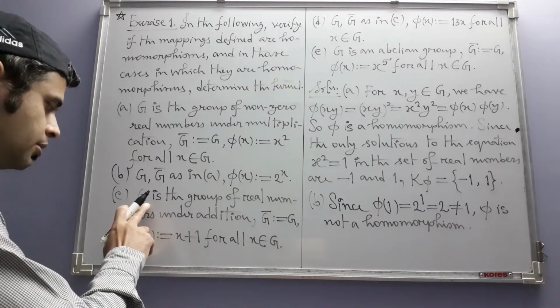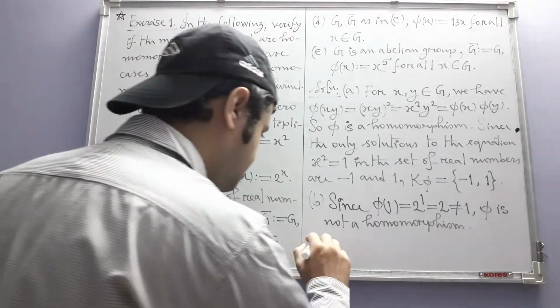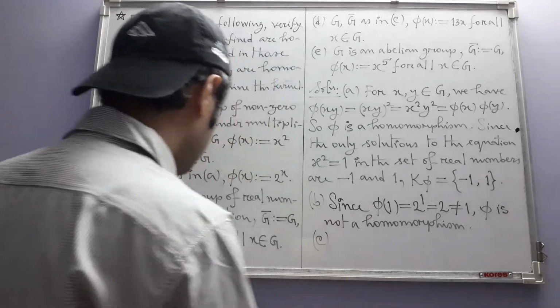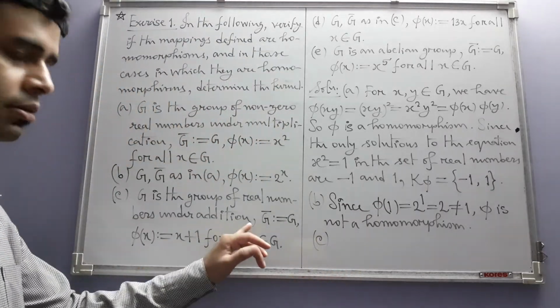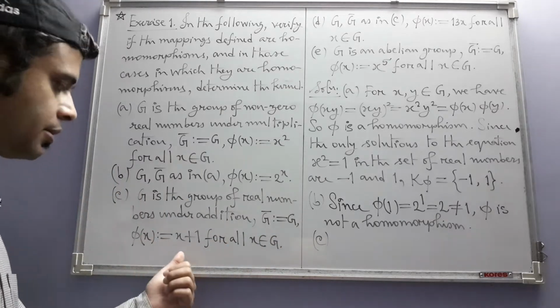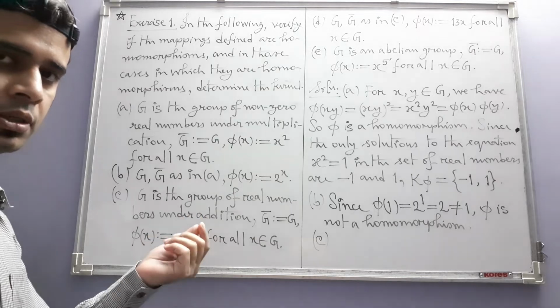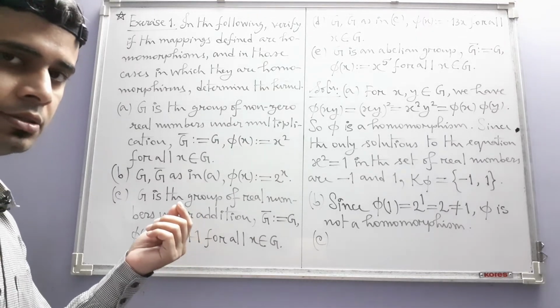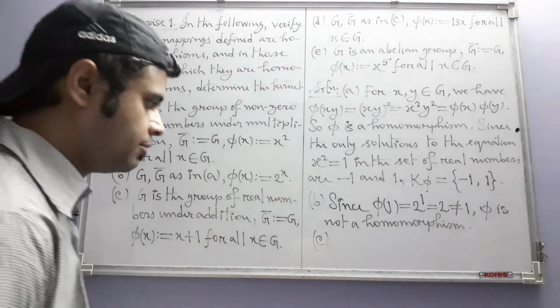Same is the situation in part C. In part C, both the groups are the group of real numbers under addition, and the function is this. So in both the groups, the identity element is 0, the real number 0.